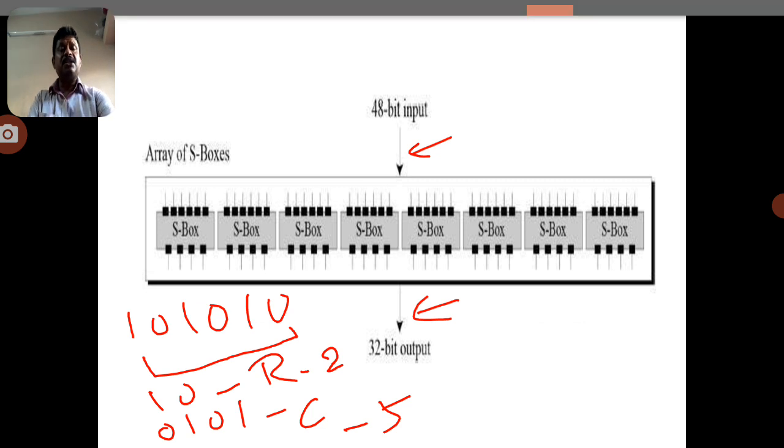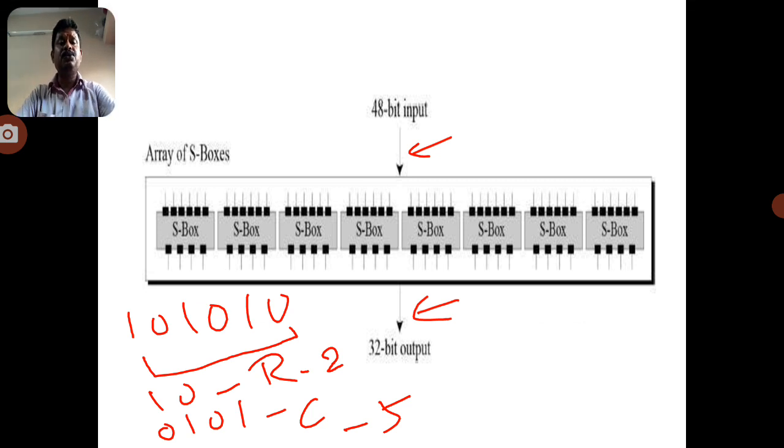Each of the substitution boxes has a size of 64, which means 4 rows and 16 columns. So that is 16 into 4, that means 16 columns of data and 4 rows of data.